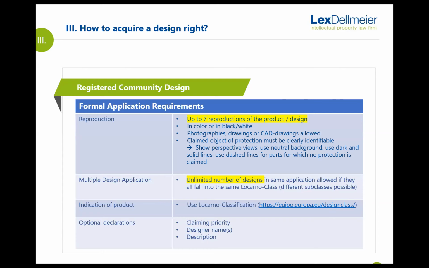And here, unlike Germany, where only a maximum of 100 individual designs can be combined in a multiple design application, the registered community design allows for an unlimited number of designs, as long as they all fall into the same Locarno class.